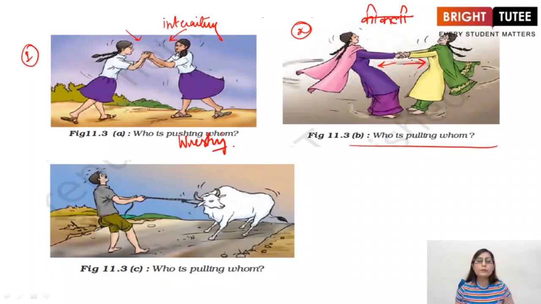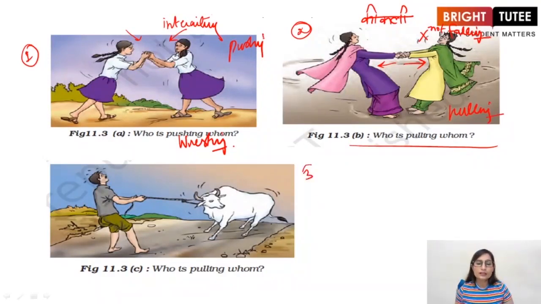So both of them are pulling each other, and because they are pulling with equal force, they are not falling. They are able to rotate, able to revolve. How is that happening? Because the force that both of them are applying on each other is equal. That is how they are equally pulling each other. So that is how they are not falling, right? So here it was pushing and here it was pulling, right?